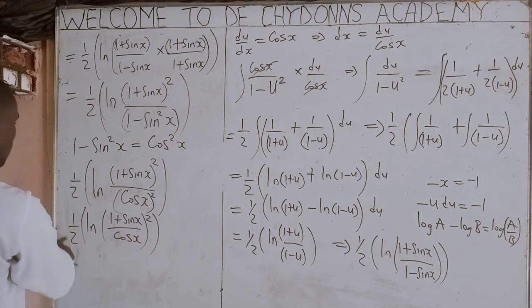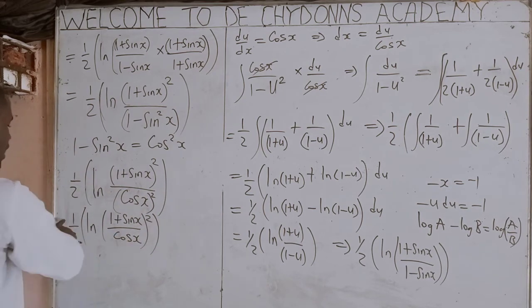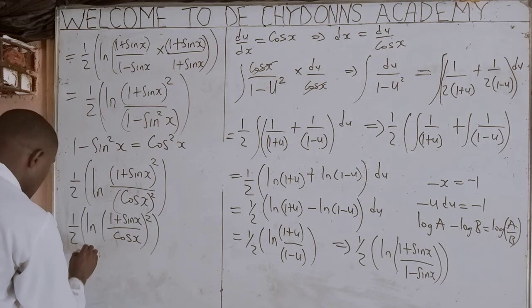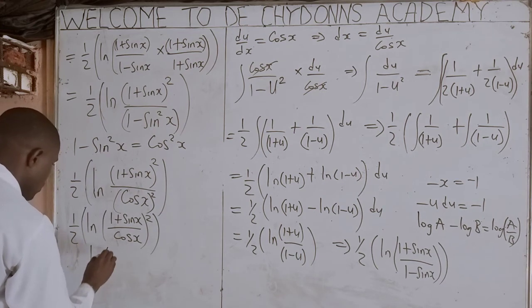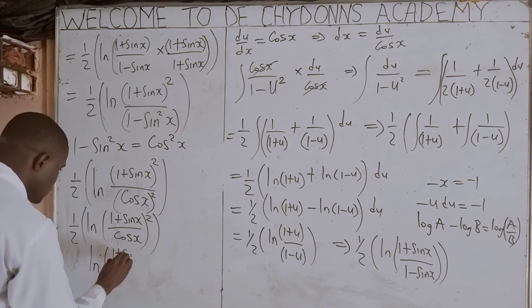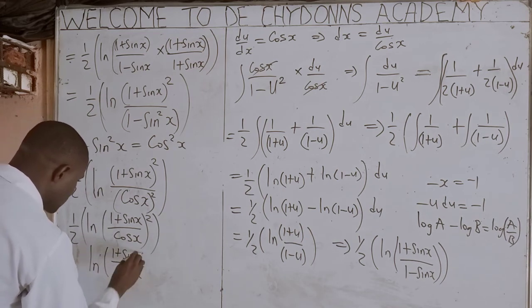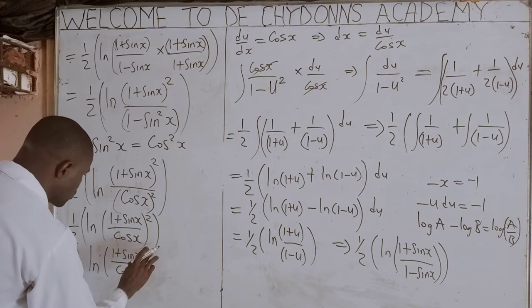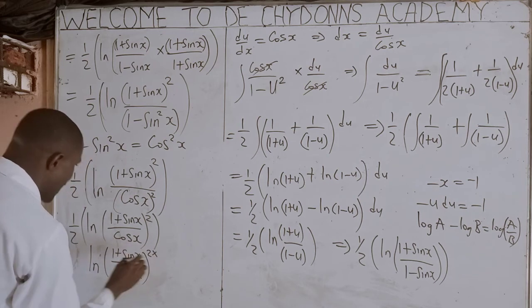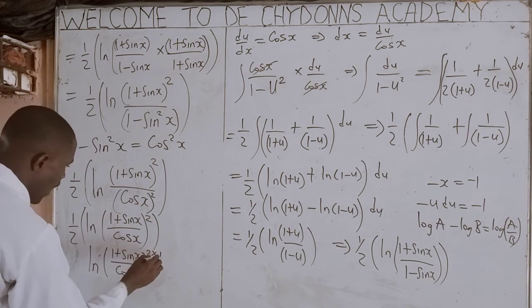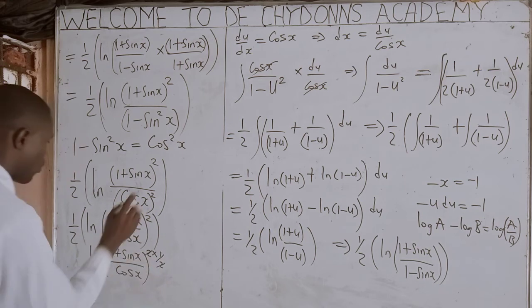Now I will carry this 1 over 2, take it to the other side, take it to the power. It will be giving me ln 1 plus sine x all over cos x all raised to the power of 2, then times the power 1 over 2. 2 divided by 2 is 1.